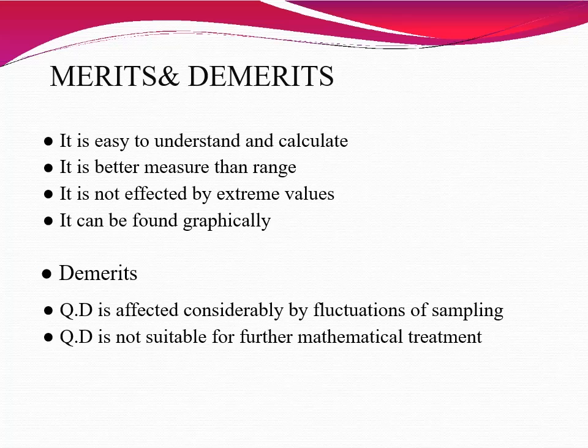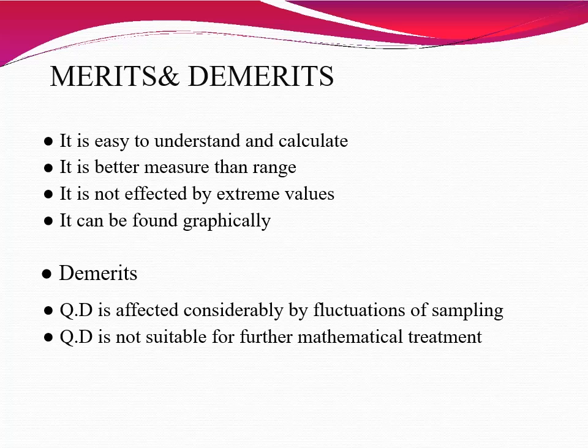Let us learn the merits and demerits of quartile deviation. It is easy to understand and calculate, is the first merit that we are seeing under quartile deviation. As we all know, computation of quartiles under measures of central tendency is easy. The formulas we are already well versed with.